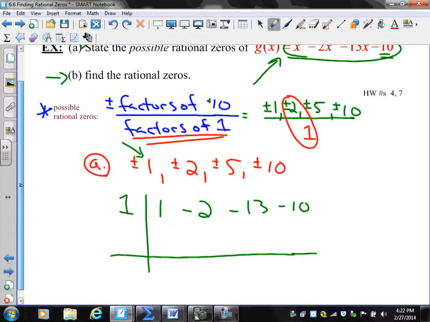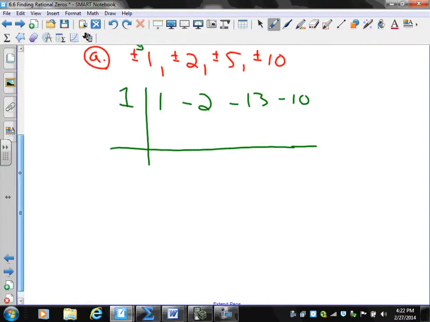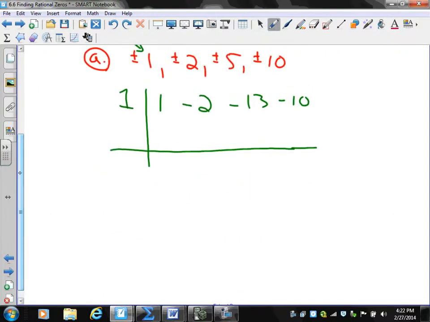And now I can actually move this up and get some room. I'm going to go through and do my substitution. What I'm looking for is, do I get a 0 out here? Is my remainder 0? Is my output 0 here? It's really a question. Let's see how this works out. Remember, we add down. I'm not going to reteach synthetic substitution. I'll let you play around with that if you need to, or go watch the previous video.